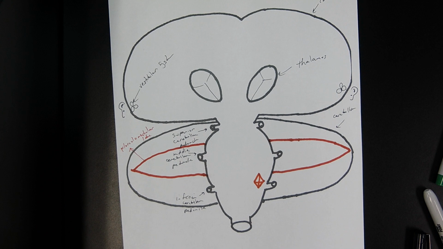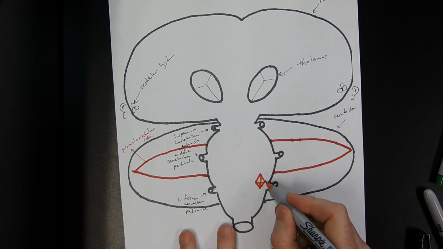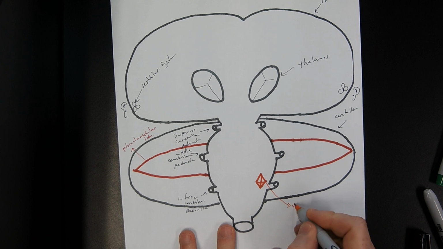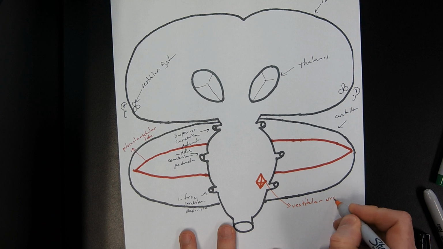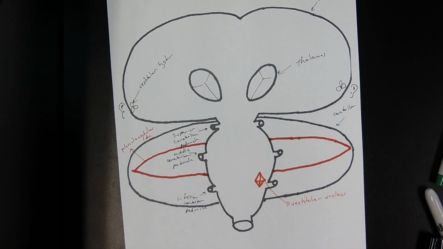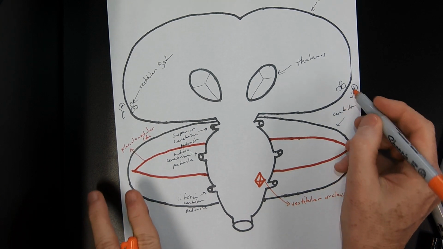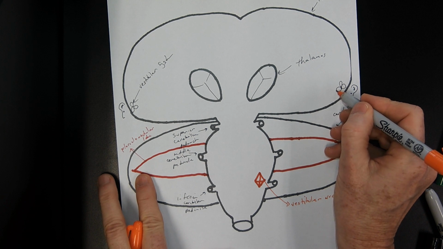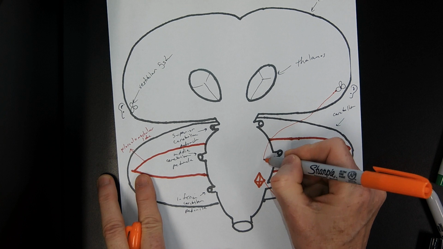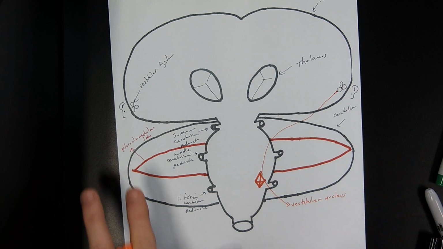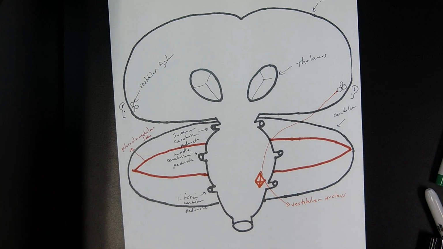This is your vestibular nucleus. Okay, so like I said, the vestibular system has associated with it an 8th cranial nerve, and then I'm just going to represent that connection to the vestibular nucleus via the 8th cranial nerve. We'll talk more about that later on, but just know that your vestibular system connects to your vestibular nucleus.